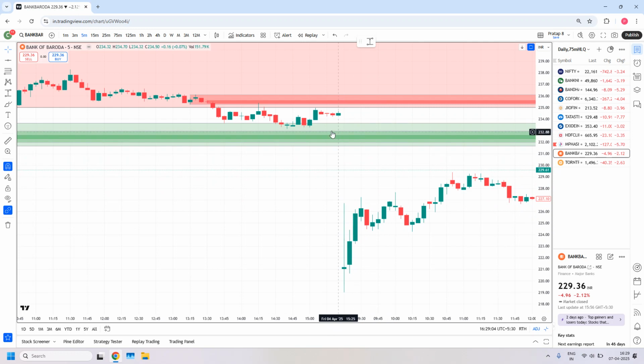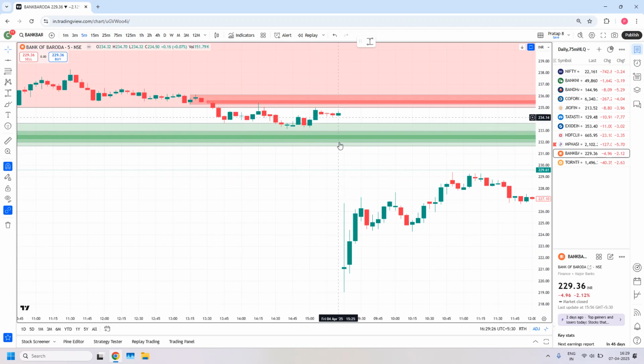See, let us assume already you have taken a trade in this zone. Yesterday it reached, maybe your calculation said in this zone you have to go for a long trade. Assume yesterday you took a long position here, in the previous trading session. Now you are holding the position. Further up it will go and that way you want to book the profit.